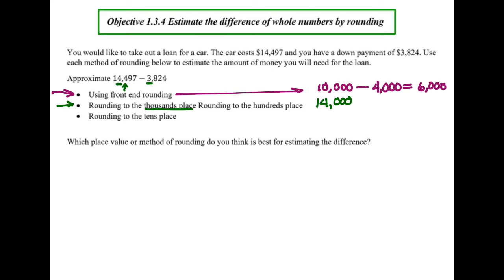So 14,497 rounds down to 14,000. And now we're going to look at this next number. 8 is going to round up, right? So that rounds the 3 up to a 4. So 4,000. Subtract those 2, so 14 minus 4 is 10. So it's 10,000.